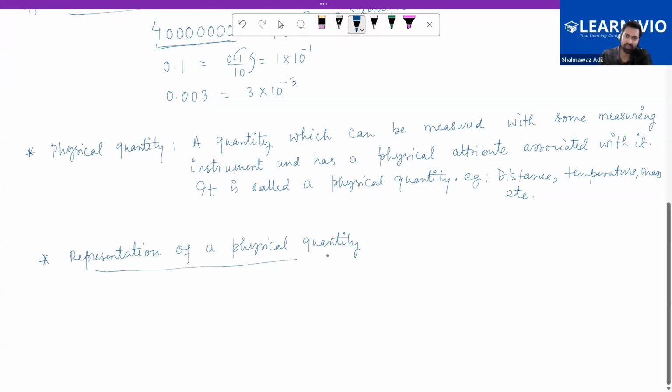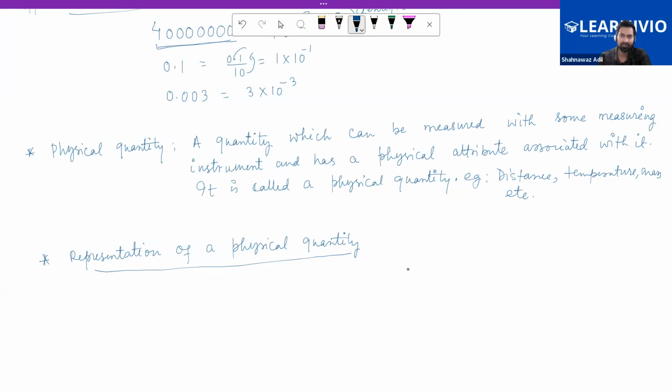In representing a physical quantity, every physical quantity has two attributes, or two parts. What would be those two attributes? Can you tell me?